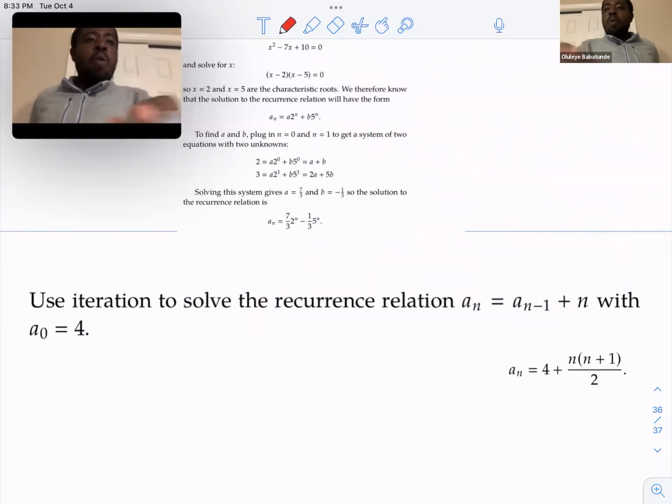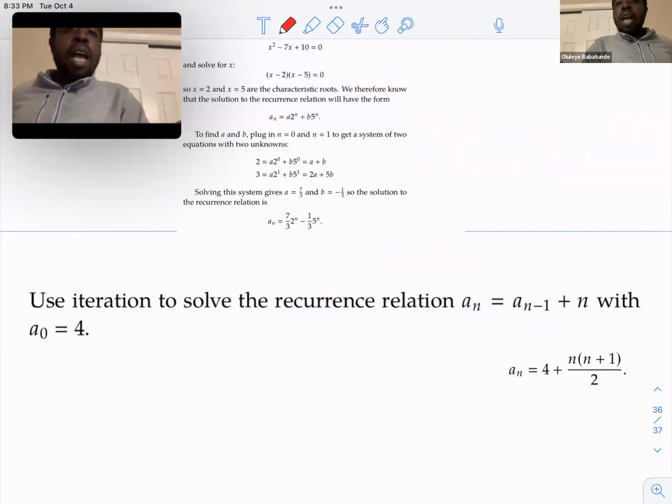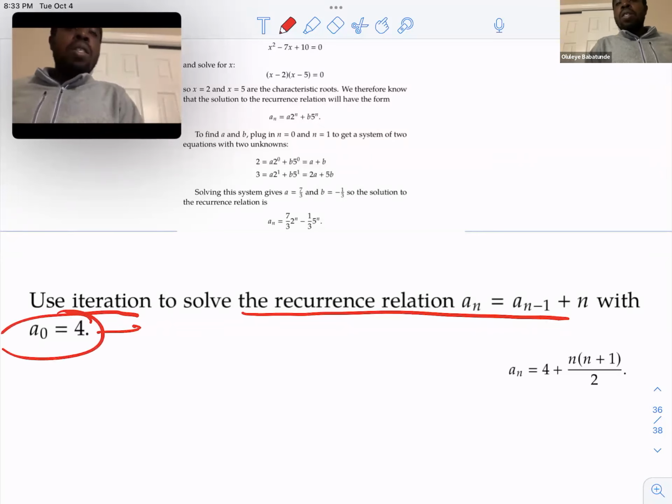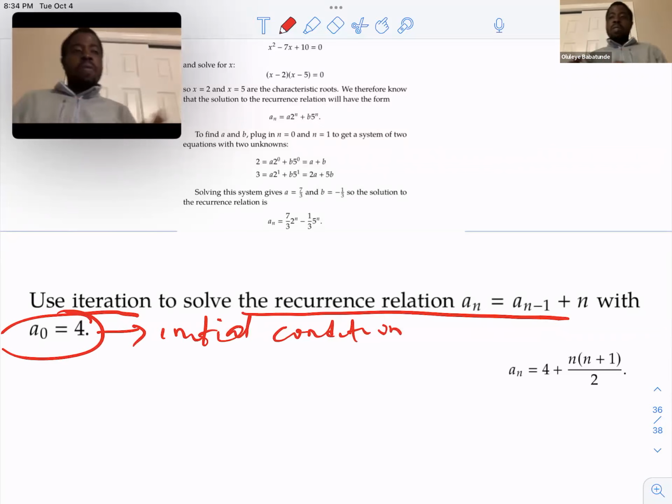We have the question here: use the iteration method to solve the recurrence relation an equals an minus 1 plus n, given the initial condition a naught equals 4.